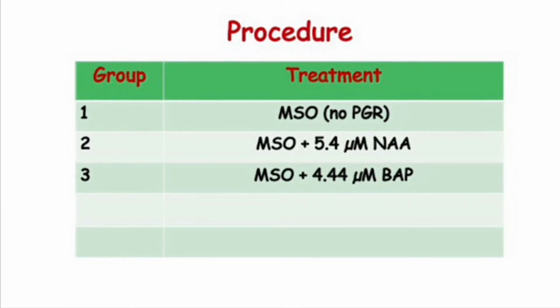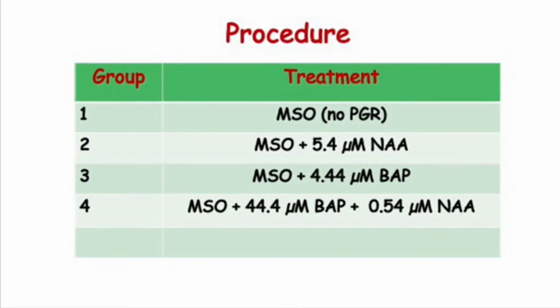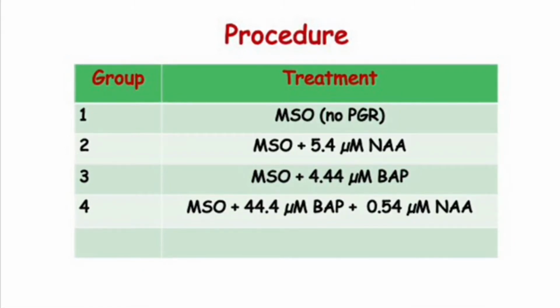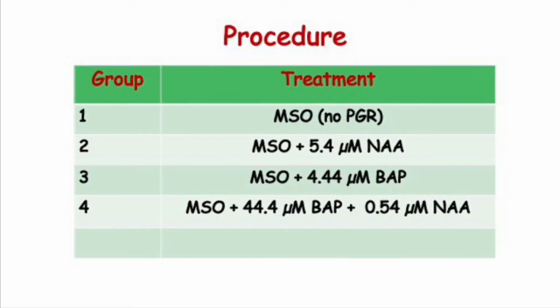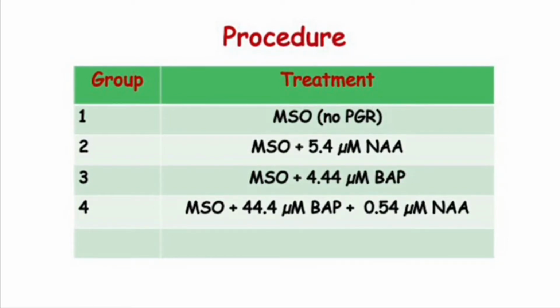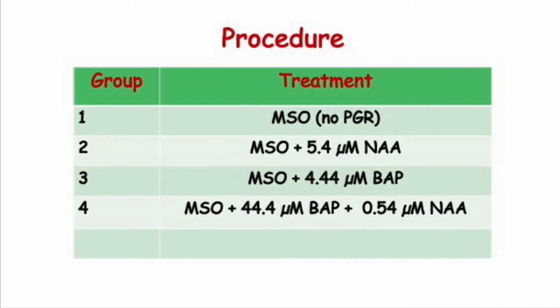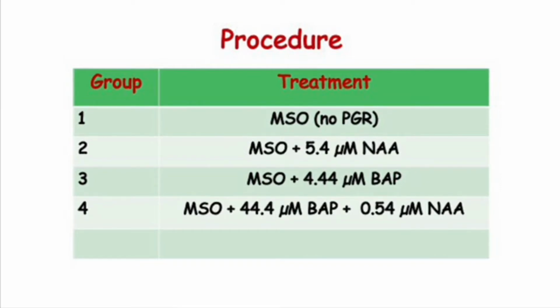This is a cytokinin. Group 4 will have basal media supplemented with 44.4 micromolar of benzyl aminopurine and 0.54 micromolar of naphthalene acetic acid. This group will have both cytokinin and auxin as a treatment.